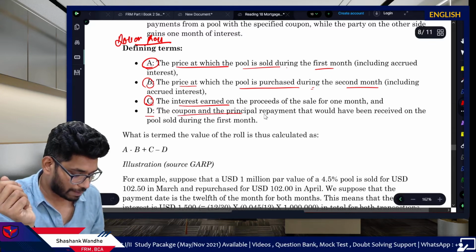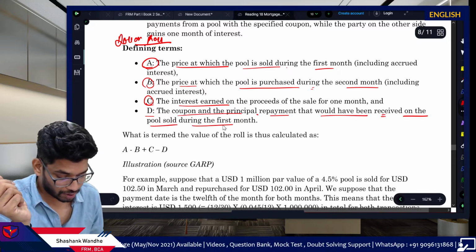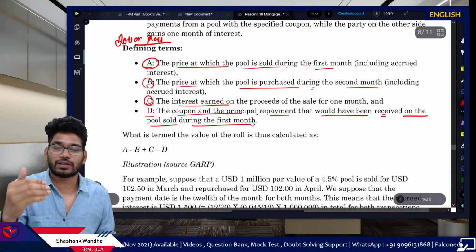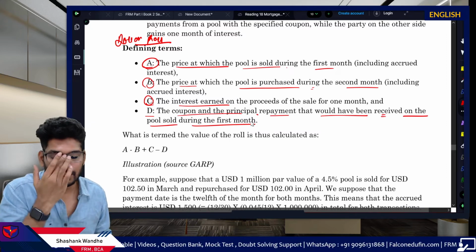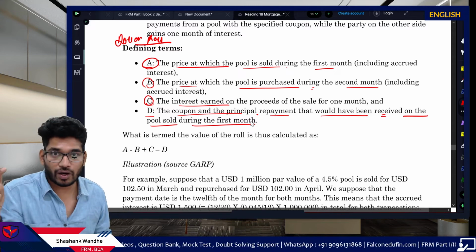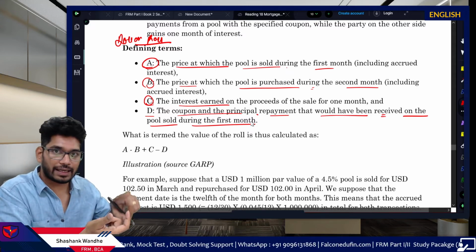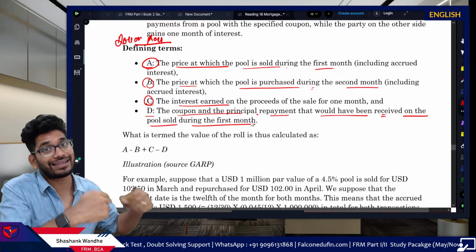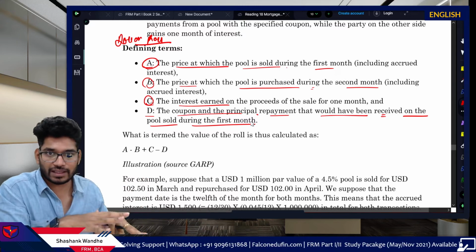D is the coupon and principal repayment that would have been received on the pool sold during the first month. If you don't sell this particular TBA, then you will receive principal and interest, because remember, this TBA acts like the MBS. The only thing is, at the time of maturity, the TBA will get converted into the actual MBS, and at that time you will know whatever is in the pool.